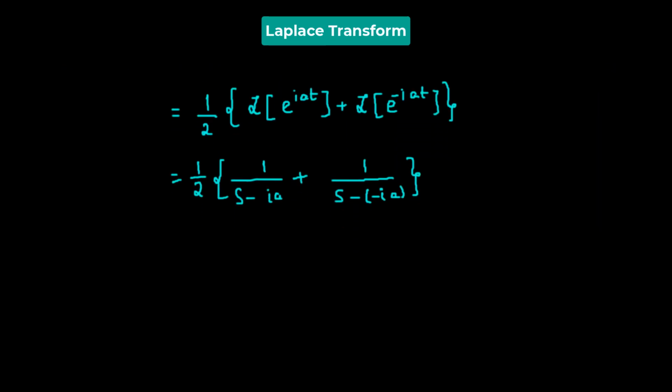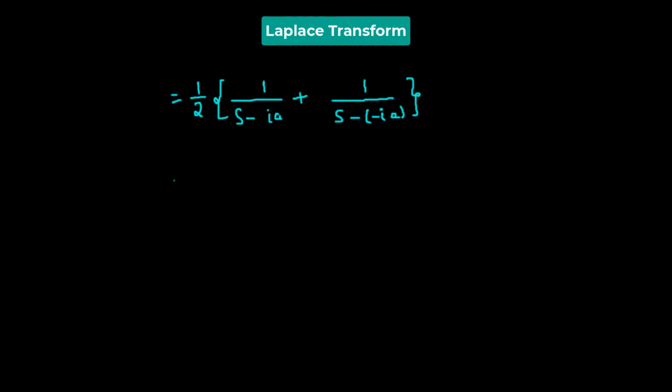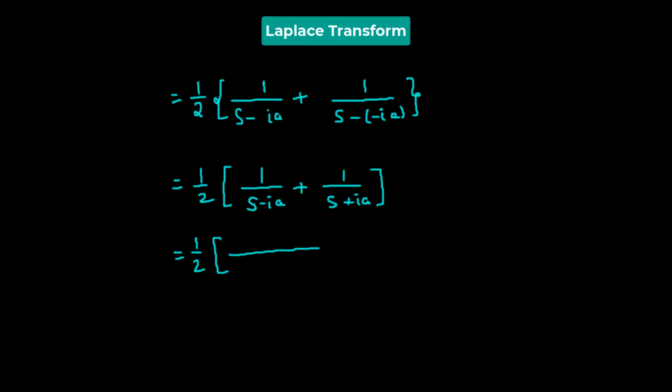So let's combine the two terms. We have 1 over 2 multiplied to 1 over s minus ia plus 1 over s plus i times a, which will be equal to half multiplied to, in the denominator, s minus ia times s plus ia, and in the numerator we have s plus ia plus s minus ia.